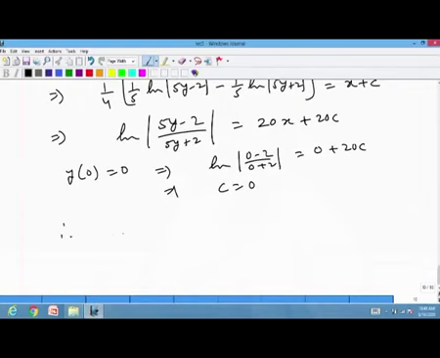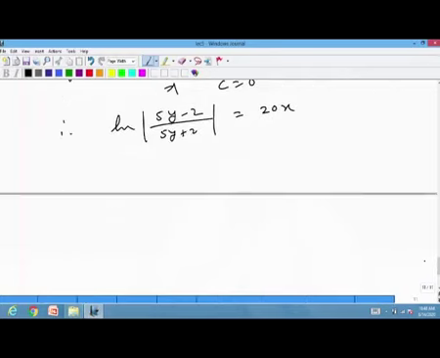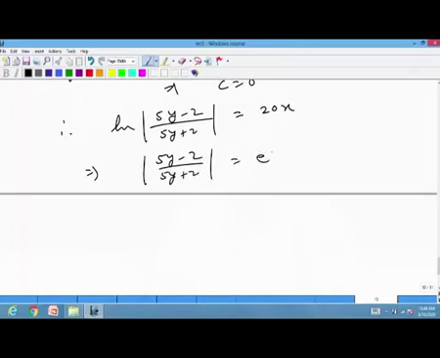So, therefore, log of mod 5 y minus 2 by 5 y plus 2, this is equal to 20 x, which implies mod of 5 y minus 2 by 5 y plus 2 is e to the power 20 x.